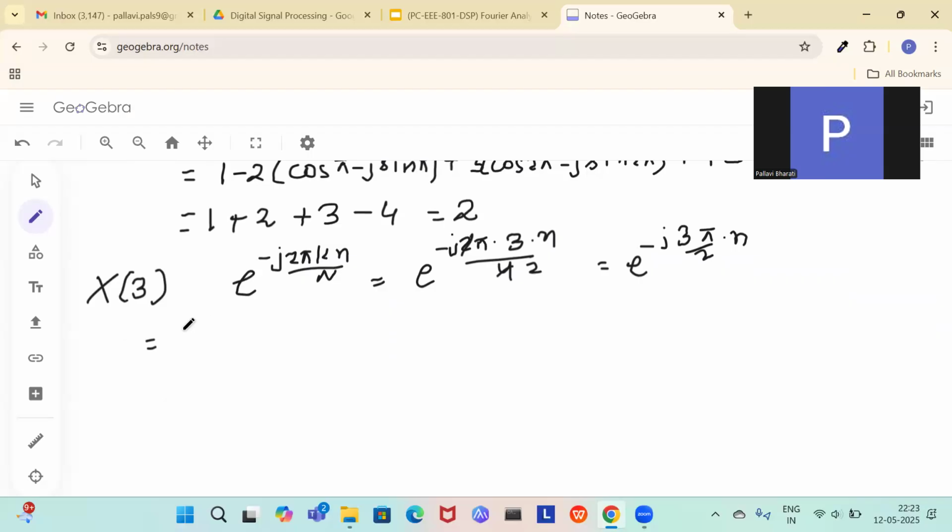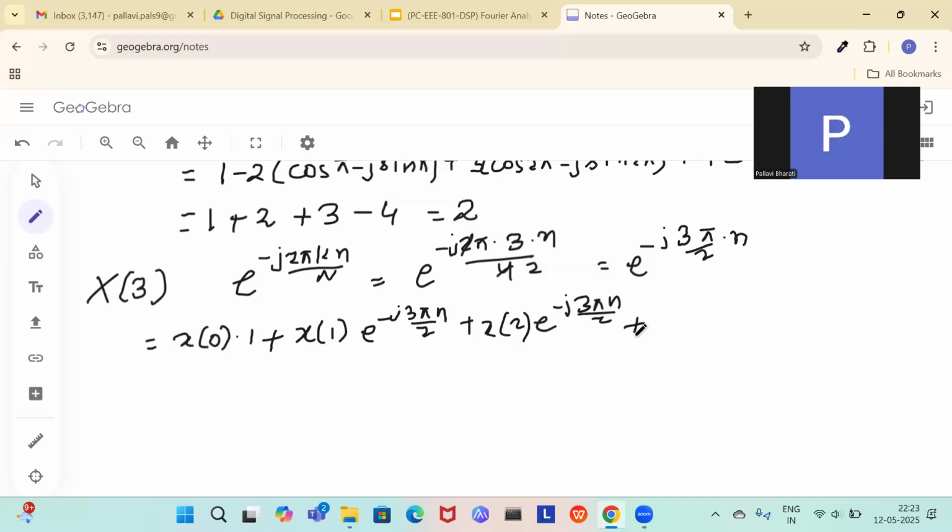So the first one is x of 0. By now you know e to the power anything 0 will be 1. So x1 e to the power minus j 3 pi n by 2, plus x2 e to the power minus j 3 pi n by 2, plus x3 e to the power minus j 3 pi n by 2.